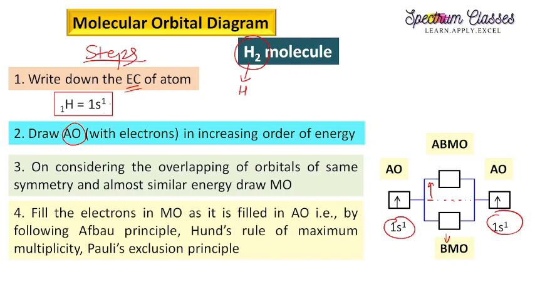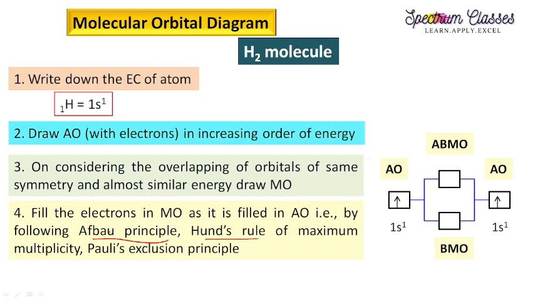Filling of electrons in these orbitals follows the Aufbau principle. What is that Aufbau principle? Electrons fill in increasing order of energy. Second, Hund's rule of maximum multiplicity. What is this Hund's rule? When we have more than one molecular orbital at the same energy level, then we fill them singly first and then pairing will occur.